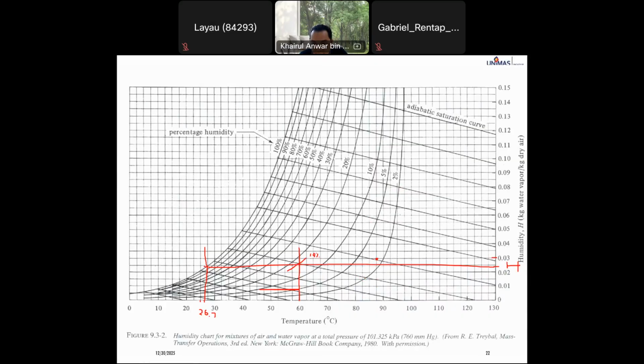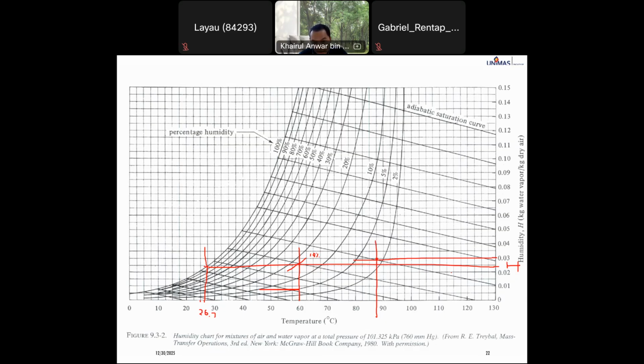We create a line from here. The adiabatic saturation curve through this point is followed upward to the left until it intersects the 90% line at 42.5 degrees C and H equal to 0.05.